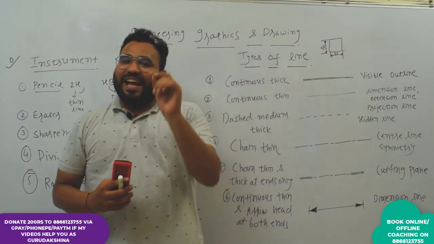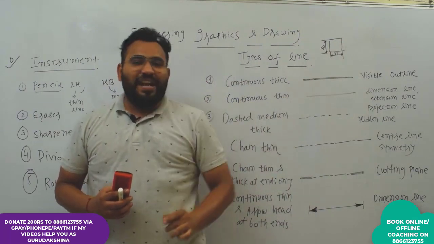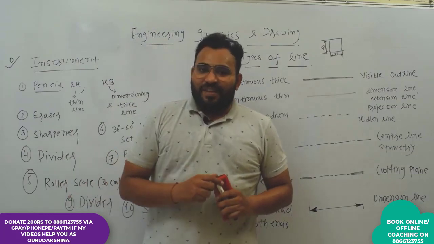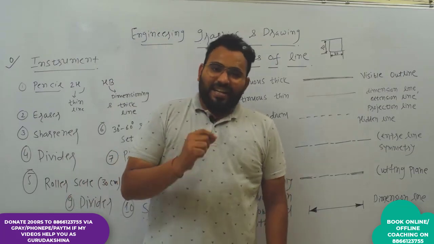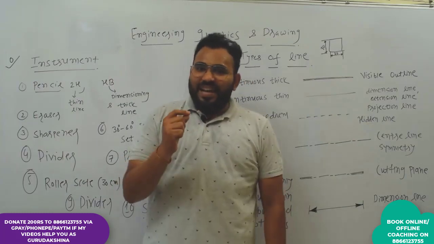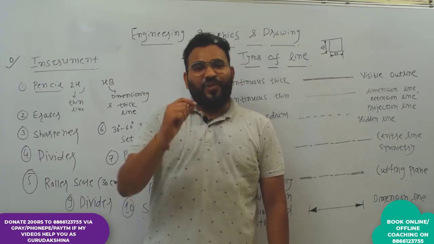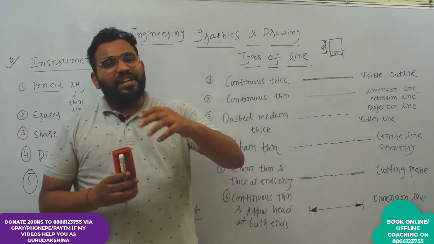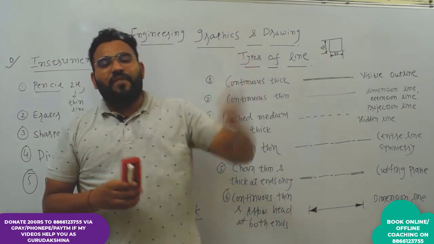That's why engineering graphics is the universal language of engineers. In short, there is a saying in engineering graphics: the point is an alphabet, the line is a word, the plane is a sentence, and the solid is a paragraph. So engineering graphics is the universal language of engineers.